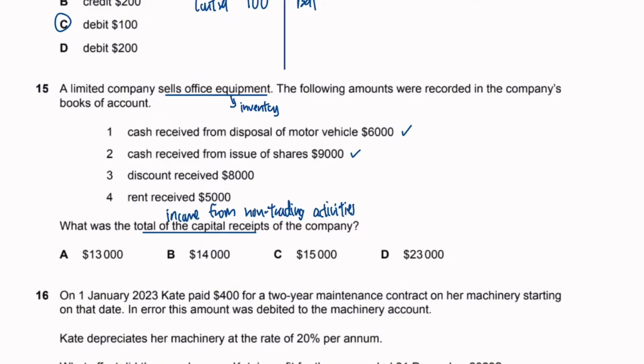So this is correct, it's a capital receipt. Third, discount received and rent received are not correct. They are recorded under other income in the income statement. So the answer is to add up 6,000 plus 9,000. So answer is C, 15,000.